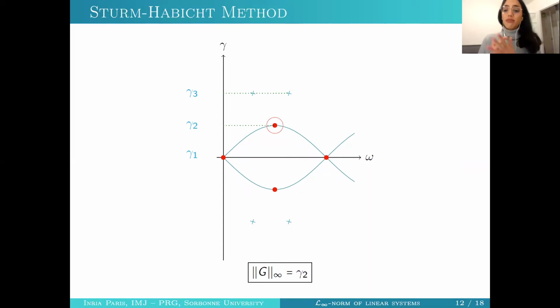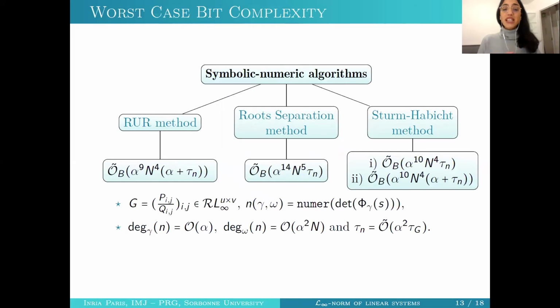As for the complexities of these three algorithms, for the Ruhr method, the complexity is the best known complexity, which is in the order of alpha 9 and 4 alpha plus tau. The root separation method is of very high complexity due to the large size of the separating bound of S. Here it is of complexity alpha 14 alpha and 5 tau of n.